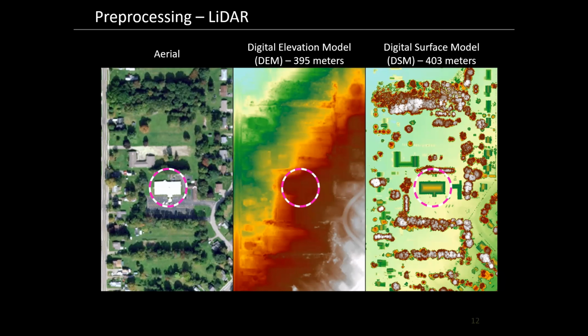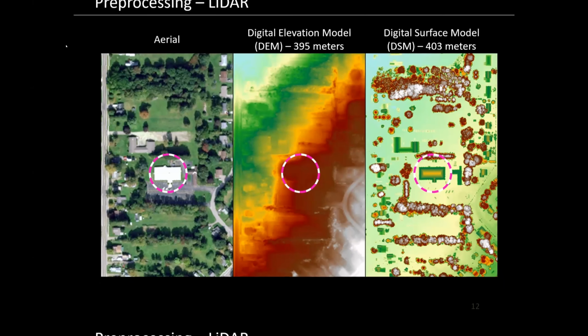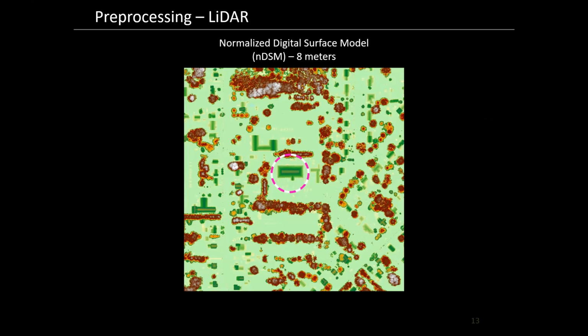So on the digital elevation model, at the centroid of that circle, the elevation is 395 meters, while the center of the circle on the DSM is 403. So to create that final third step, I went through and subtracted the elevation model from the surface model to create a normalized DSM. And that same point at the centroid of that circle sits at 8 meters.